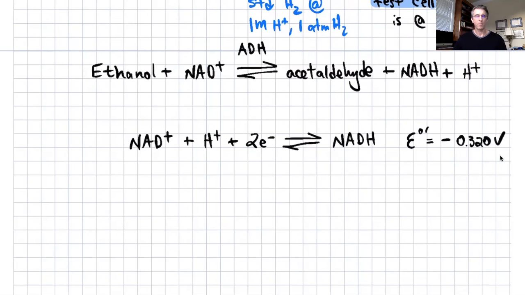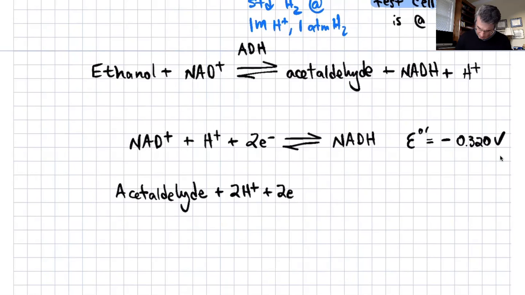Okay, well, we can do something similar in terms of the ethanol acetaldehyde half reaction. Say, okay, well, acetaldehyde, right, plus 2 protons, plus 2 electrons, right, would then give us ethanol.